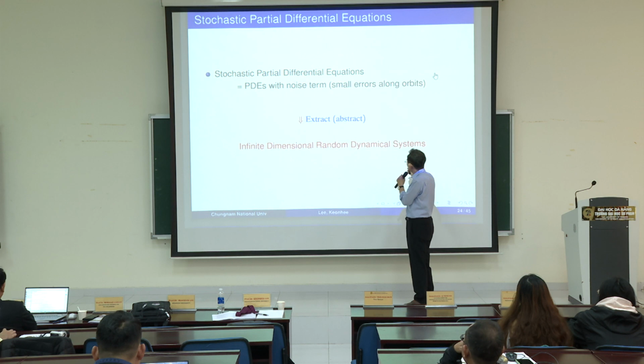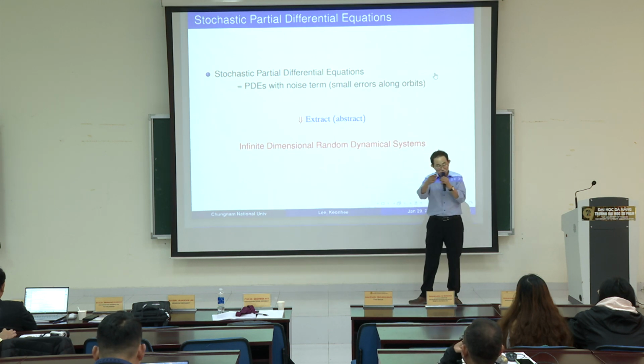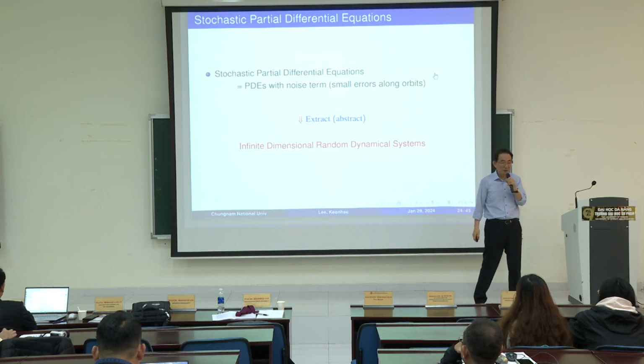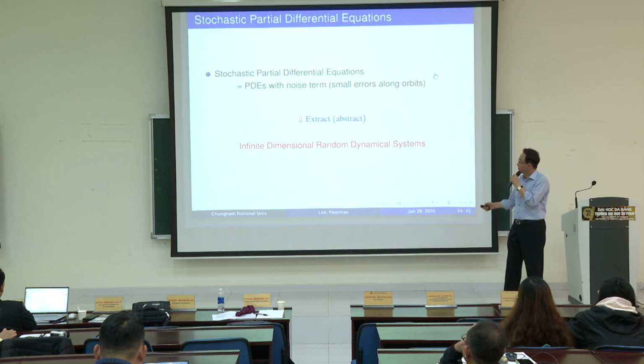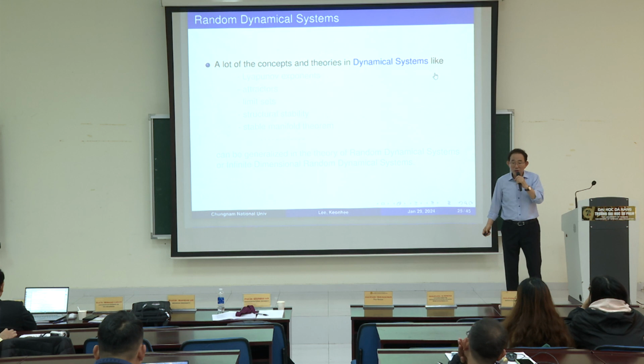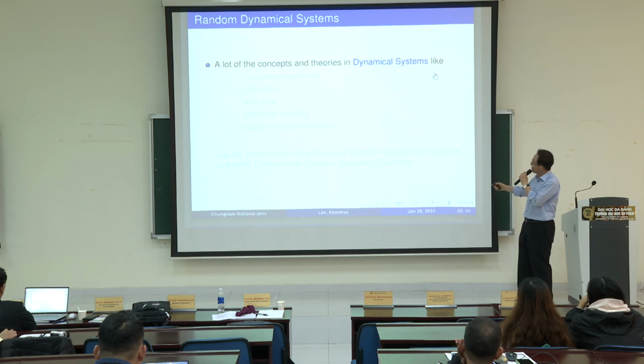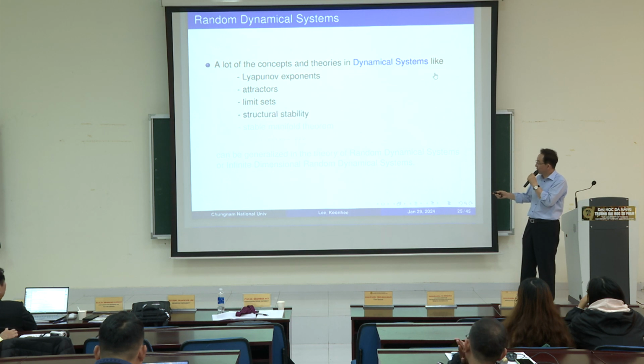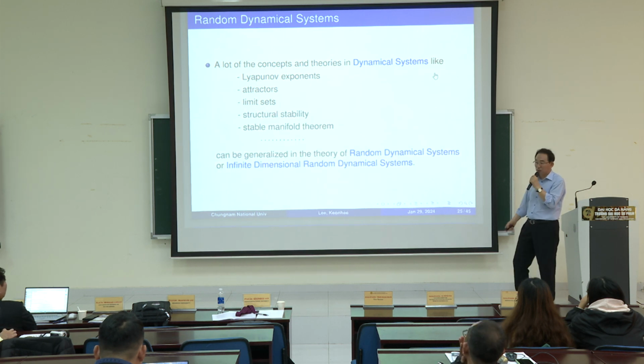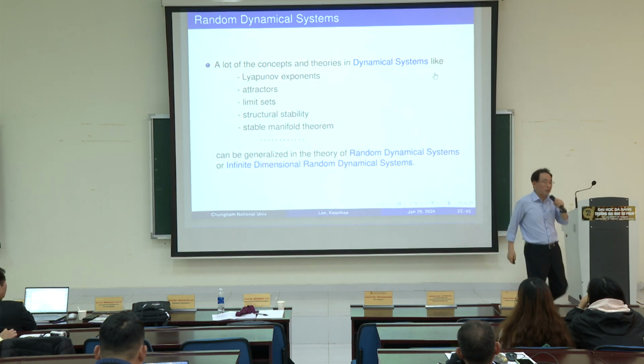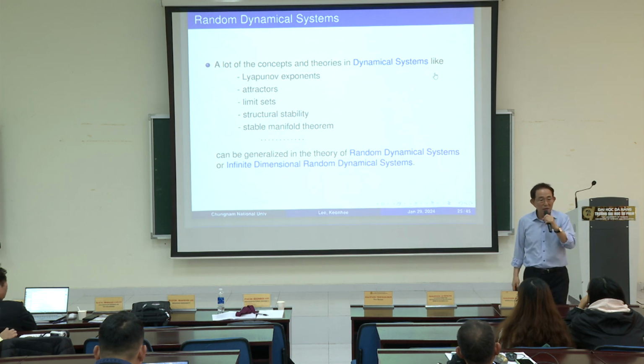Why the random dynamical system? Infinite dimensional means from PDE space. So a lot of concepts and theory in dynamics, like Lyapunov exponent, attractors, limit sets, etc., can be generalized to random dynamical systems or infinite dimensional random dynamical systems. Also, same.